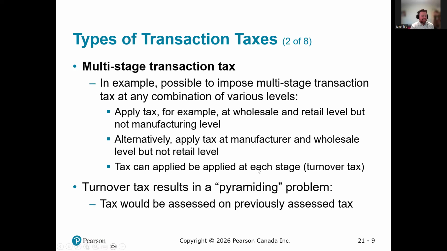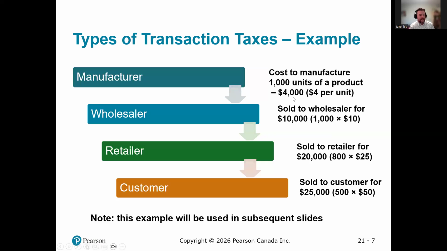Tax can be applied at each stage: turnover tax. The difficulty with turnover tax is if the wholesaler has to pay additional tax when they purchase at $4 per unit, that adds to their cost. So the wholesaler is likely to add that to their cost base, apply a profit margin, and include it in the price.